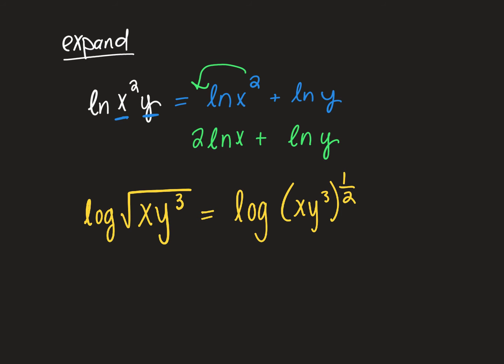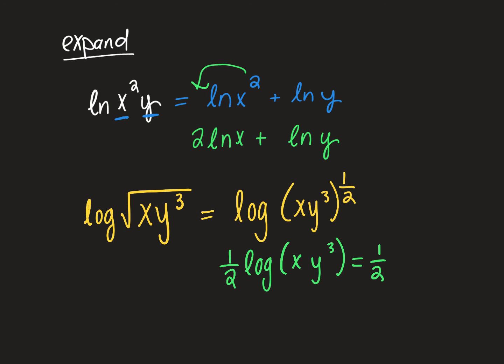So there's really two ways you could do this. I think either one is fine. You can pull that 1/2, since it's multiplied by everything inside there, to the front first and do it as 1/2 log of xy to the third. But then when you separate that, you just have to make sure and keep that 1/2 with everything.